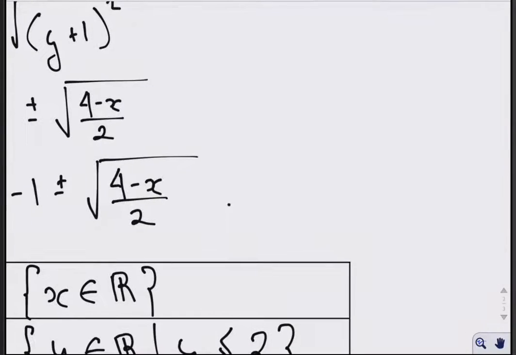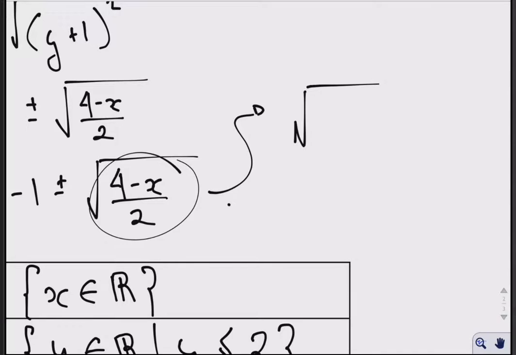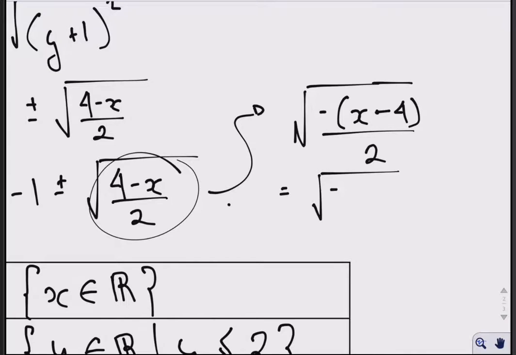Well, if you take a look over here and just do some little rearrangement, we'll notice that we have a negative, and we can rewrite this as x minus 4 over 2, which is the same as the square root of -1 over 2 x minus 4.